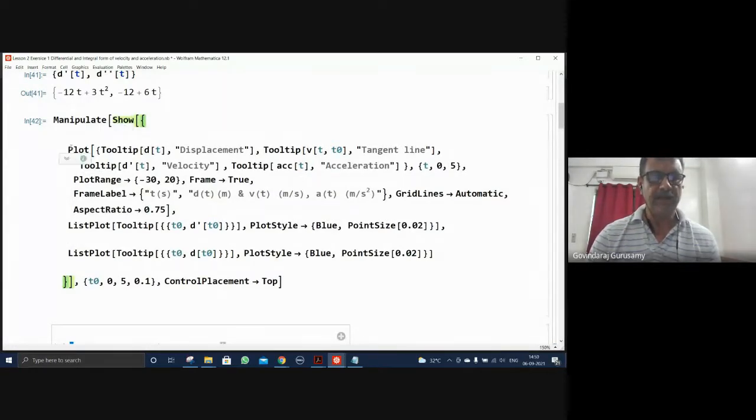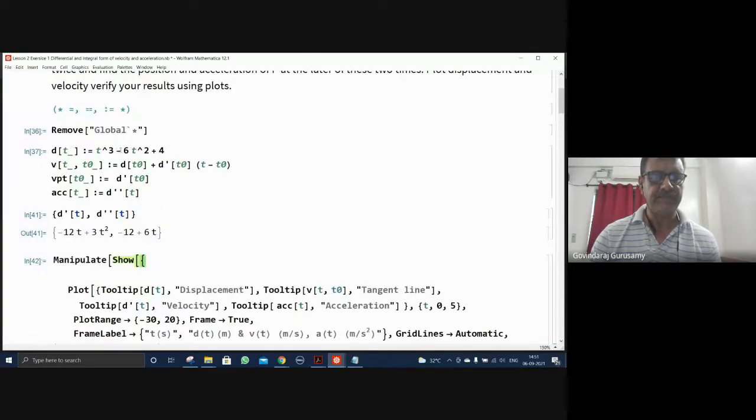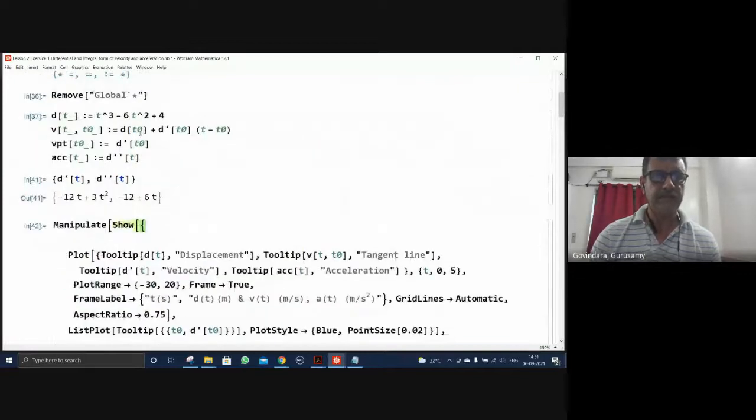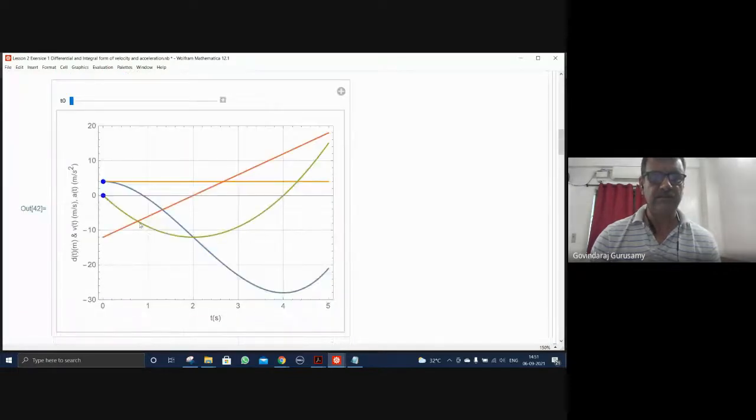Let's first come to the plot. The first plot we are making is d of t, the displacement as a function of time, which is a t cube, which means with respect to the t variation it is much faster, is it not? And of course, this comes down and goes up.